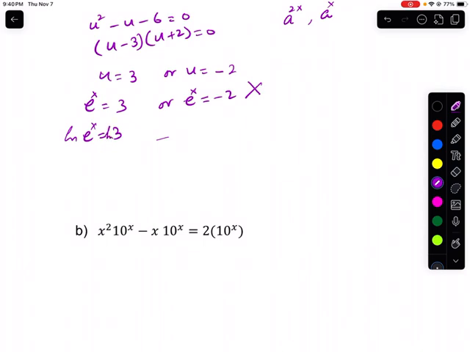We apply ln on both sides. ln of e to the x will give me just x, and x is equal to ln of 3.